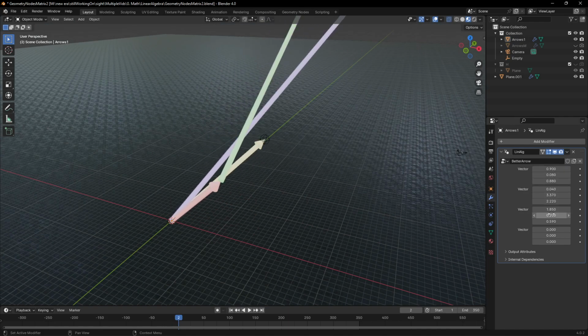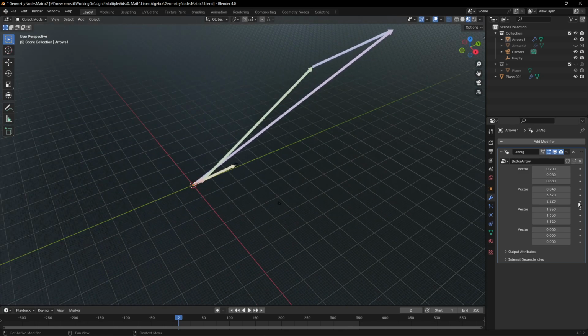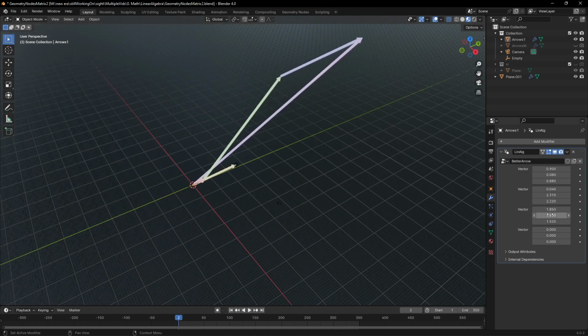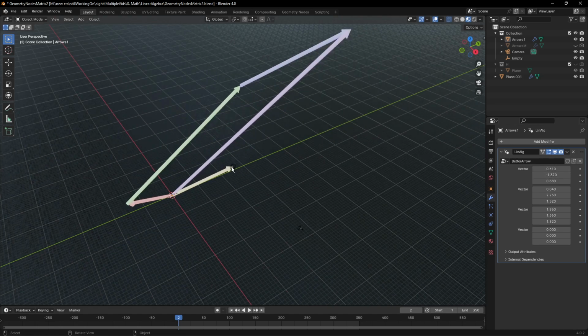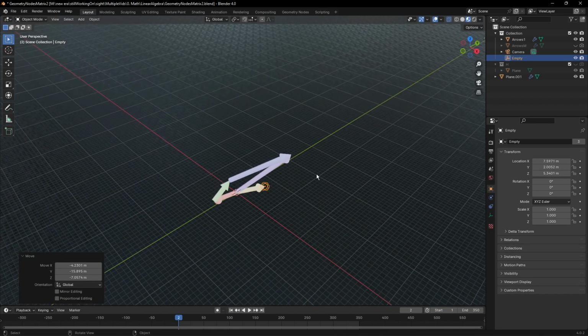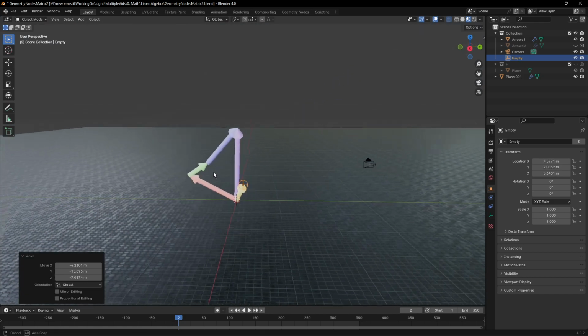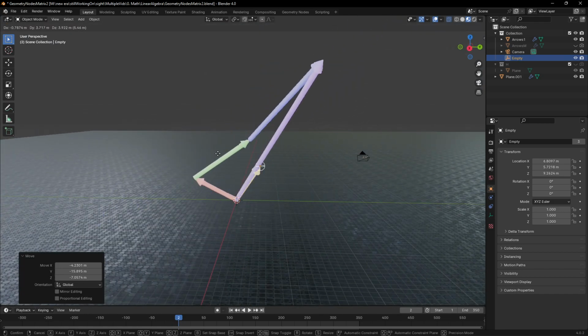So let's make this a bit more of a mess, let's call it. There we go. Now it's a complete mess, and you can see that if I were to just move it around randomly like this, it's really hard to understand what's actually going on.